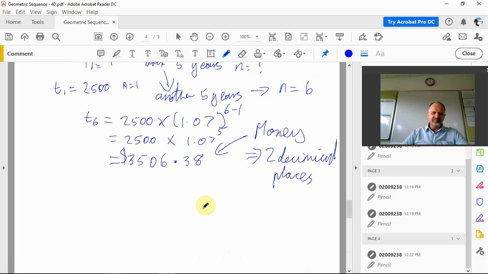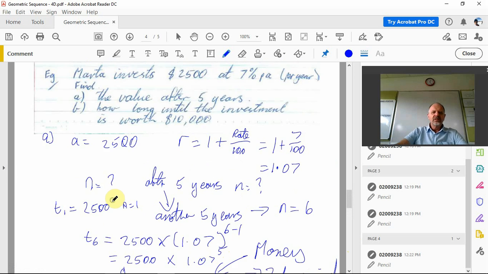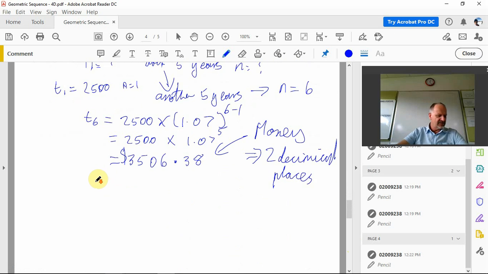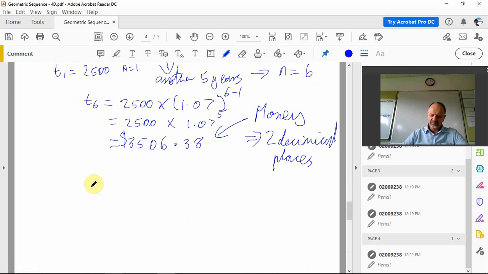All right, part B says, how long until investment is worth $10,000? All right, so we know A is 2,500. We know R is 1.07, and we know term N is 10,000.